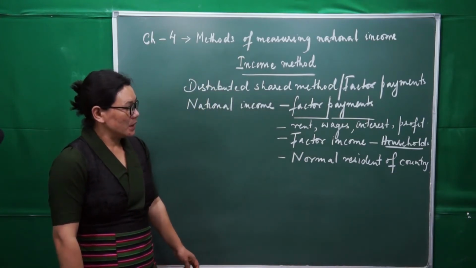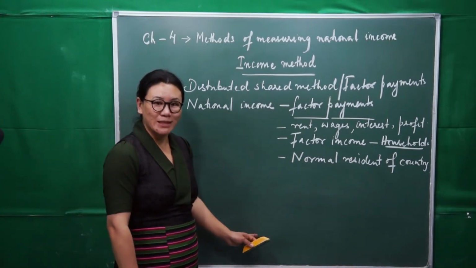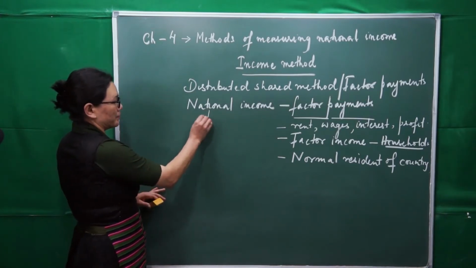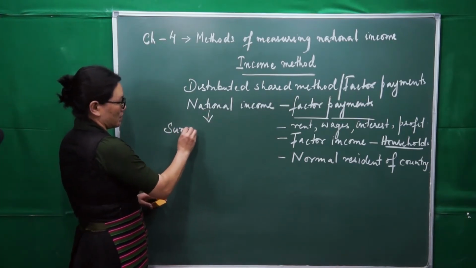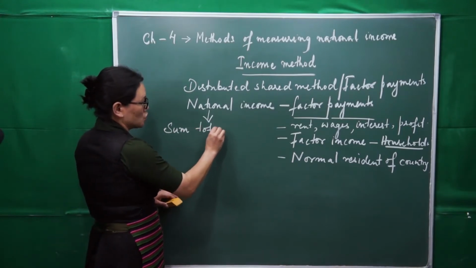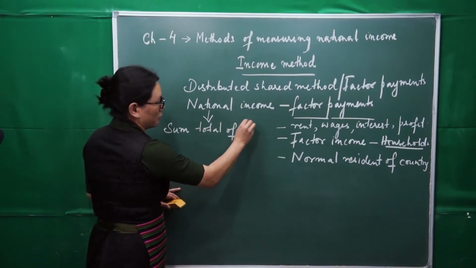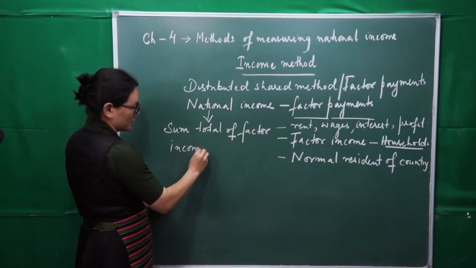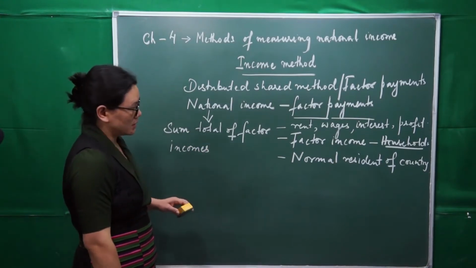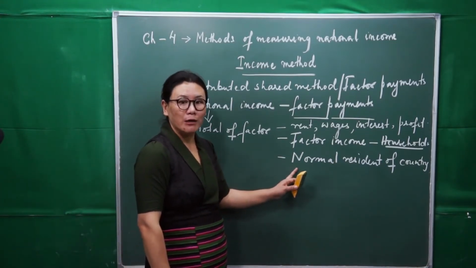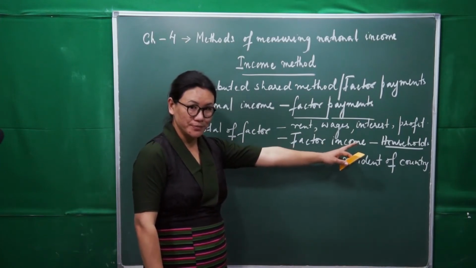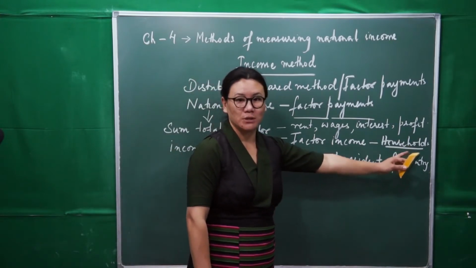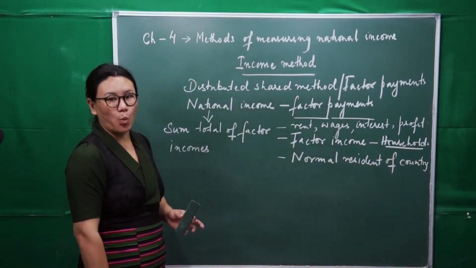Alright. Now see here, what we have to see in this income method is the sum total of factor incomes earned by households, in other words normal residents of the country, during 1 year.